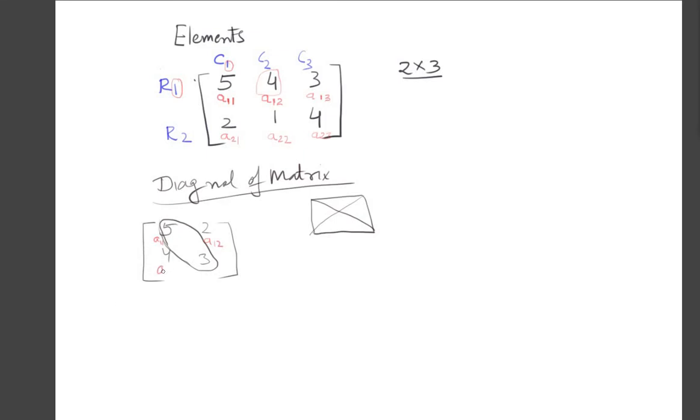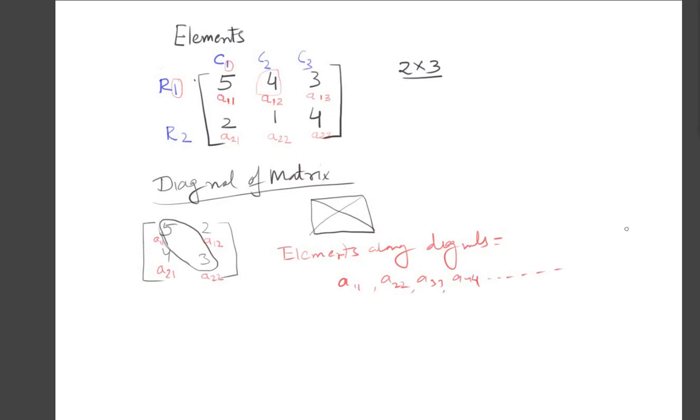This will be A21, and this will be A22. If you see the elements along the diagonals, they are always A11, A22, A33, A44, and so on, depending upon the order of the matrix.